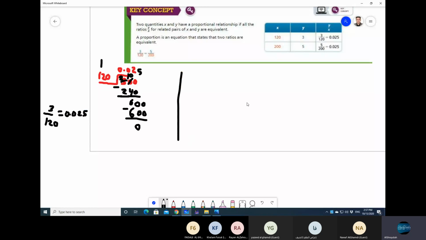And for 5 divided by 200, here you put a decimal, 0, here 2, 400, subtract, 5.